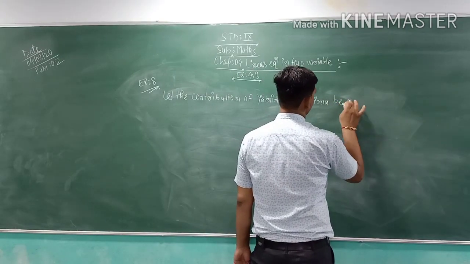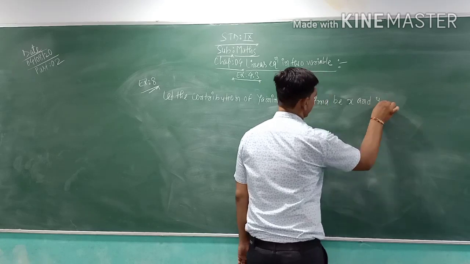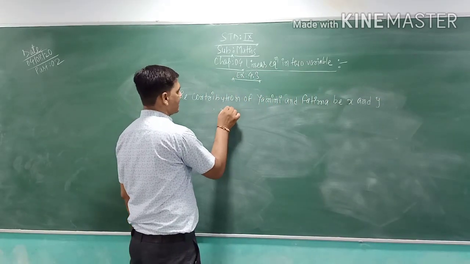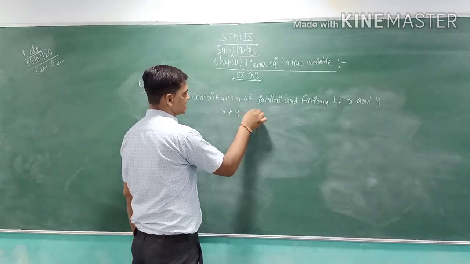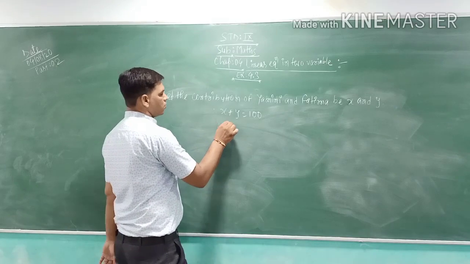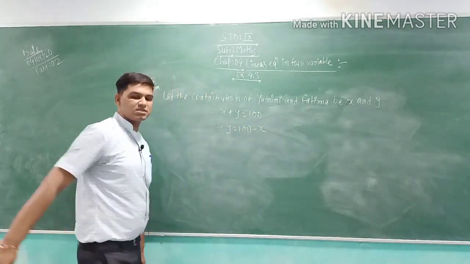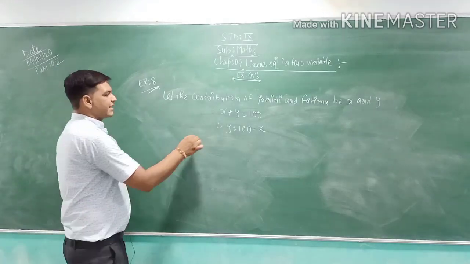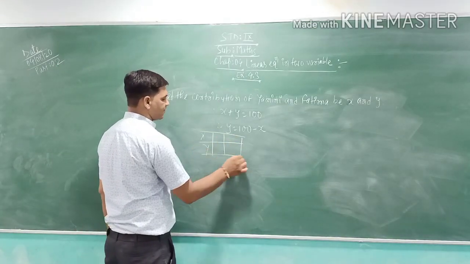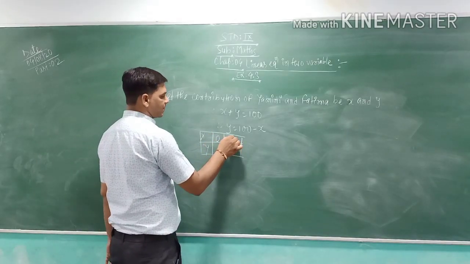So the total contribution of Yamini and Fatima, x plus y, is equal to 100. That is given, x plus y equal to 100. So y is equal to 100 minus x. That is the one equation. So using that x and y, I will find the solution set. I will find two solutions. X equal to 0 and y equal to 100.